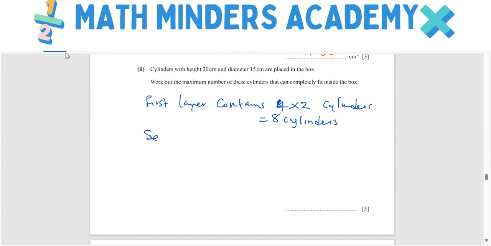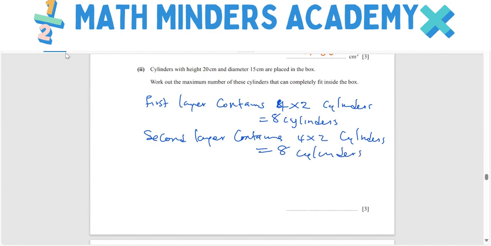Second layer contains also 4 by 2 cylinders, which is also 8 cylinders. Okay, total now will give us 16 cylinders.